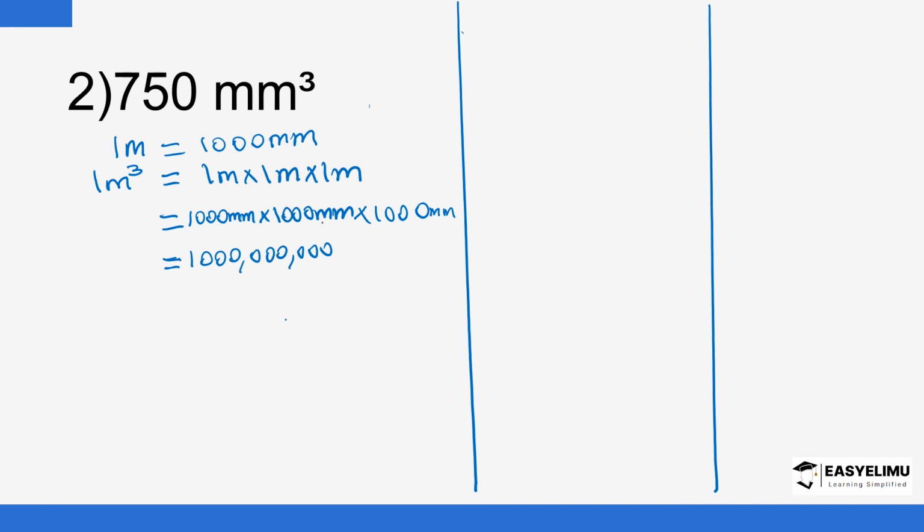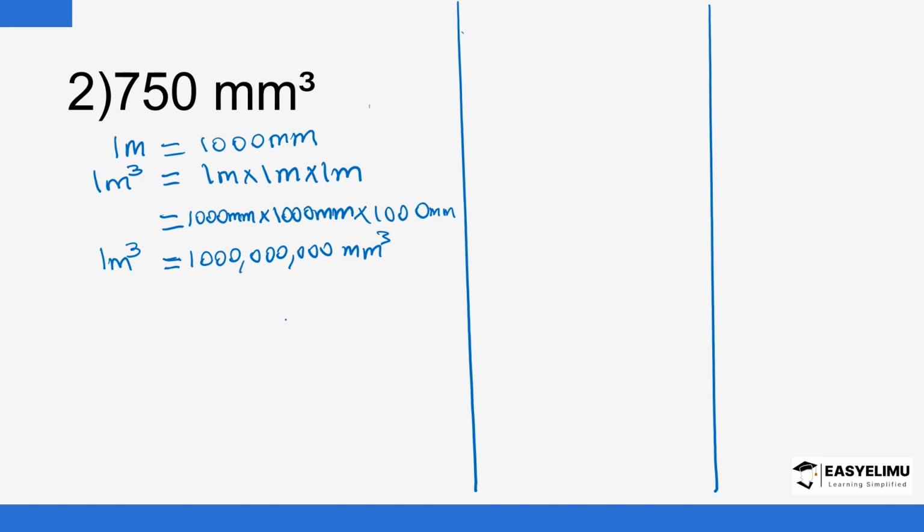A millimeter times a millimeter times a millimeter is a cubic millimeter. So that is 1 billion cubic millimeters. That is the number of cubic millimeters in 1 cubic meter. So 1 cubic meter is equivalent to how many cubic millimeters? 1 billion. Wow, that is such a big number.